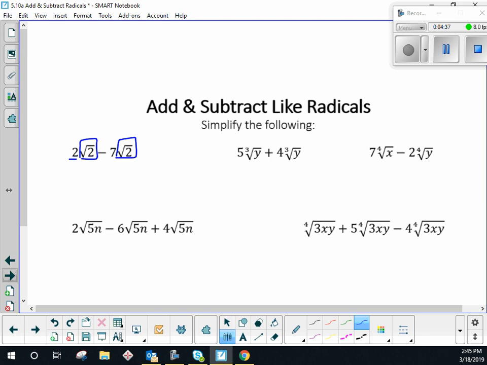What kind of 5? Negative. So I have negative 5 radical 2's altogether. Please notice when you're adding and subtracting, you're only doing the math on the coefficients, the number out front. The stuff under the radical, the radicand, stays the same when you're adding or subtracting.